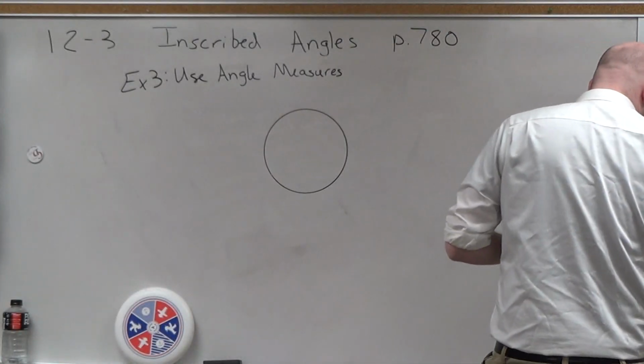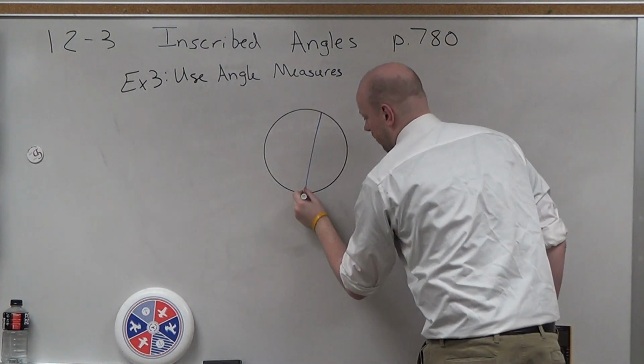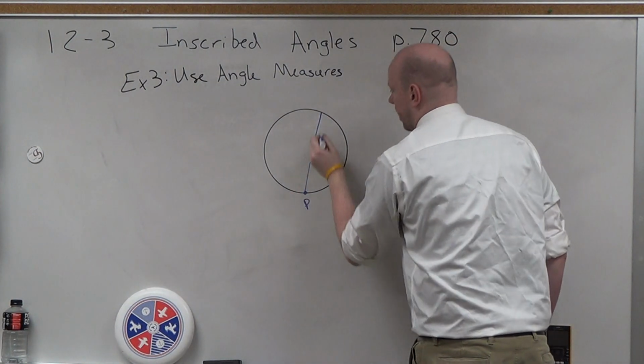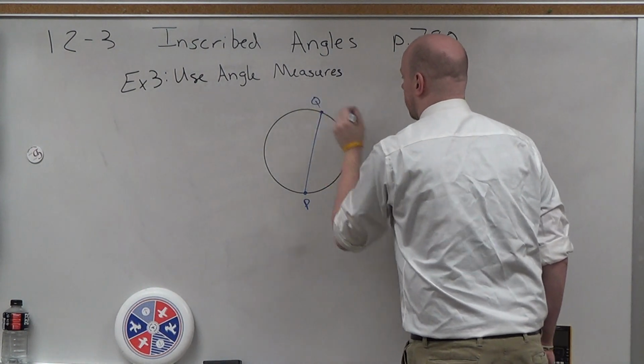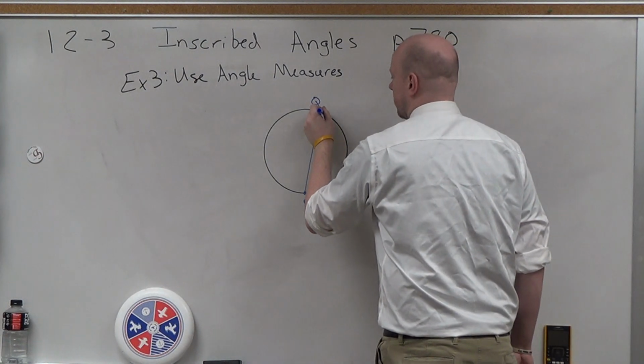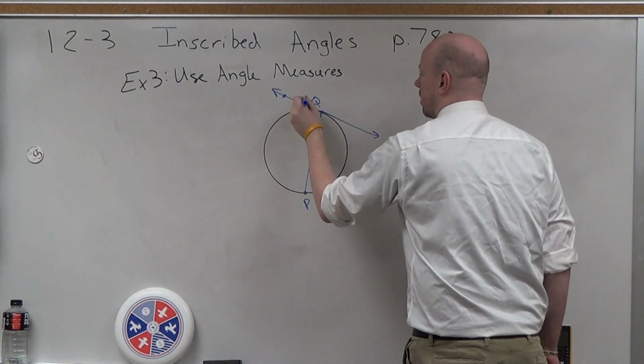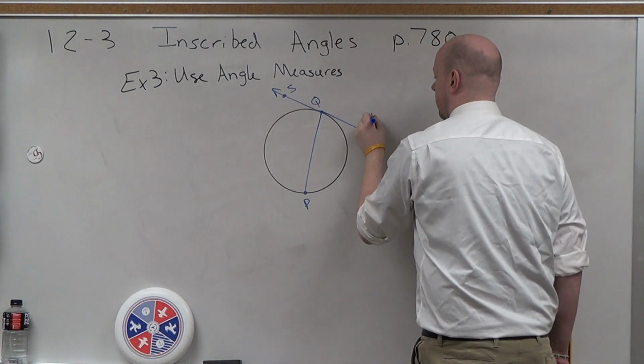Now this one we need a chord. Let's call it PQ. We are going to need a line that is tangent to the circle at Q. So let's call it line SR.